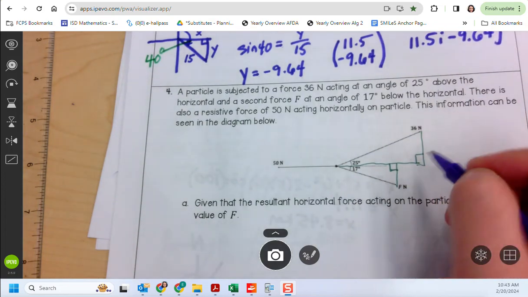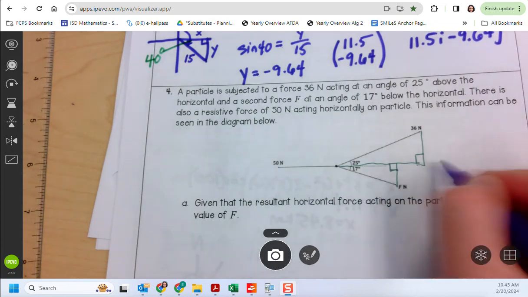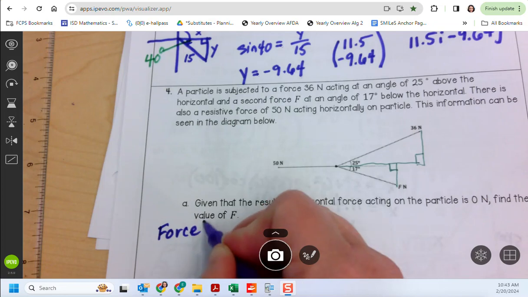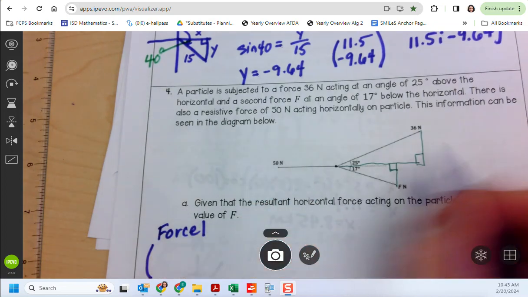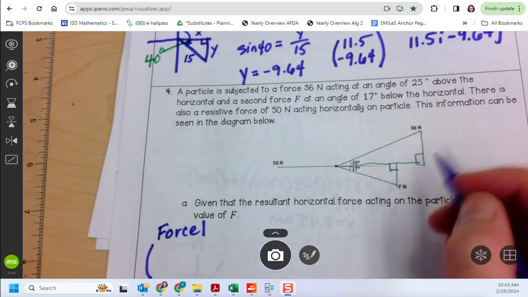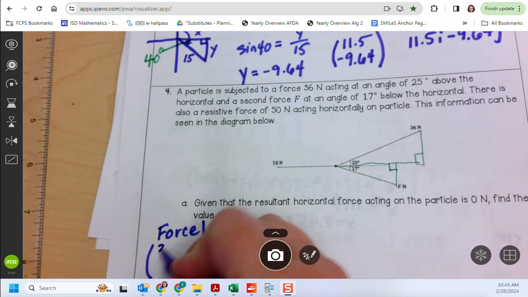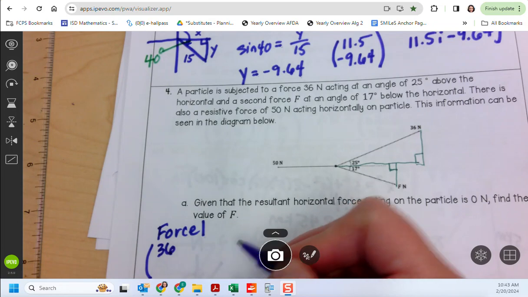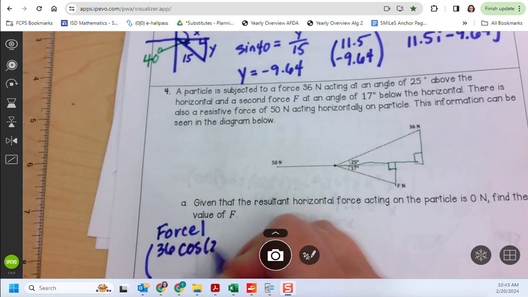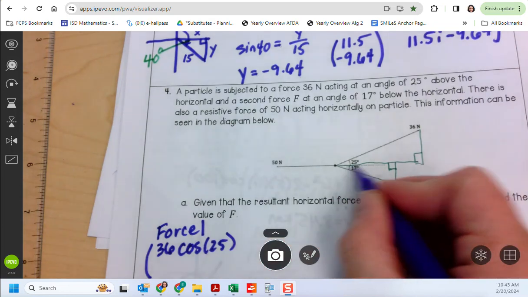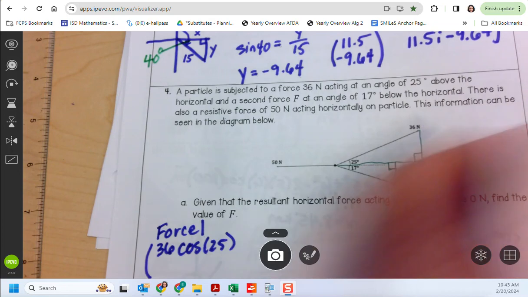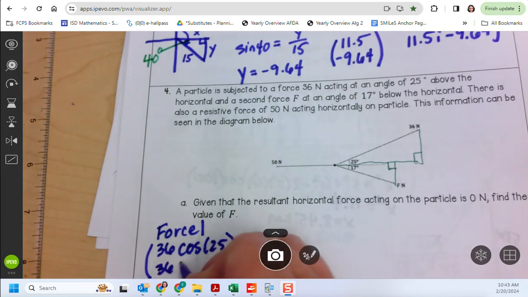All right, so force 1 in the horizontal would be 36 cosine 25. Okay, so 36 cosine 25 for the horizontal, and then for the vertical, 36 sine 25.